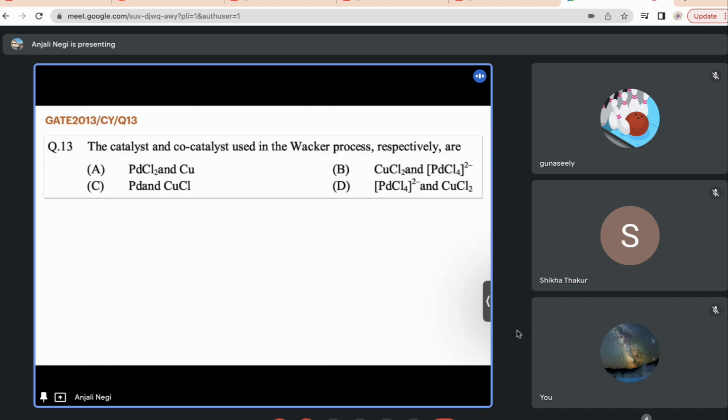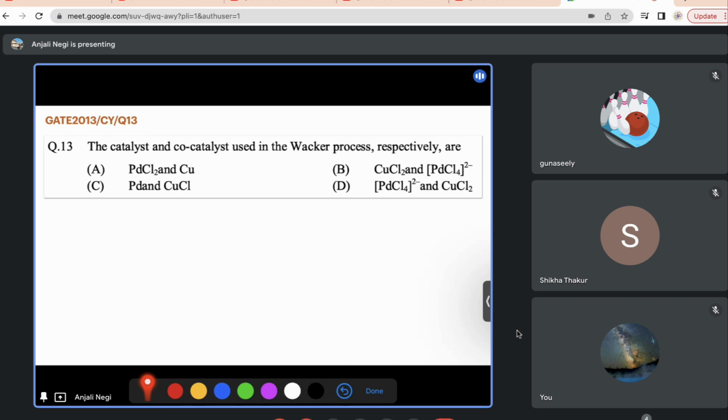So this particular question was from GATE 2013 chemistry question number 13. This question states that the catalyst and the co-catalyst used in the Wacker process respectively are.